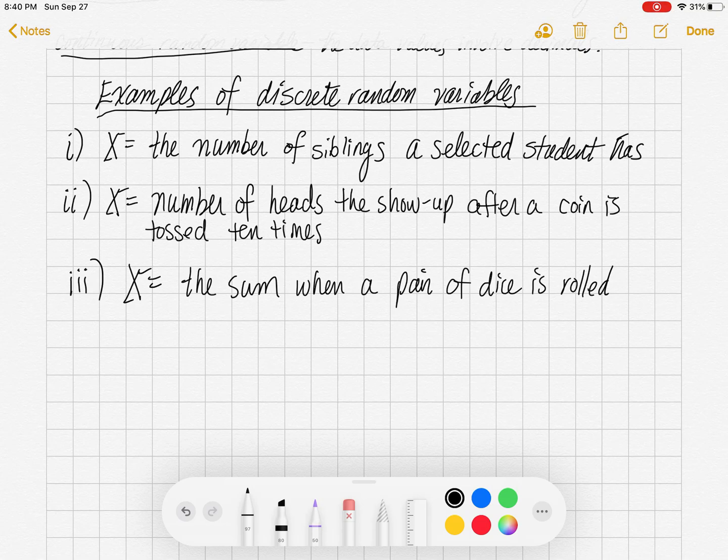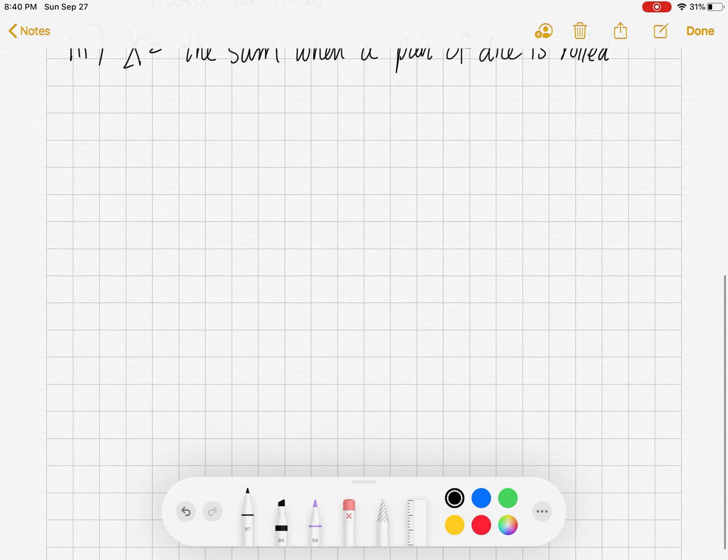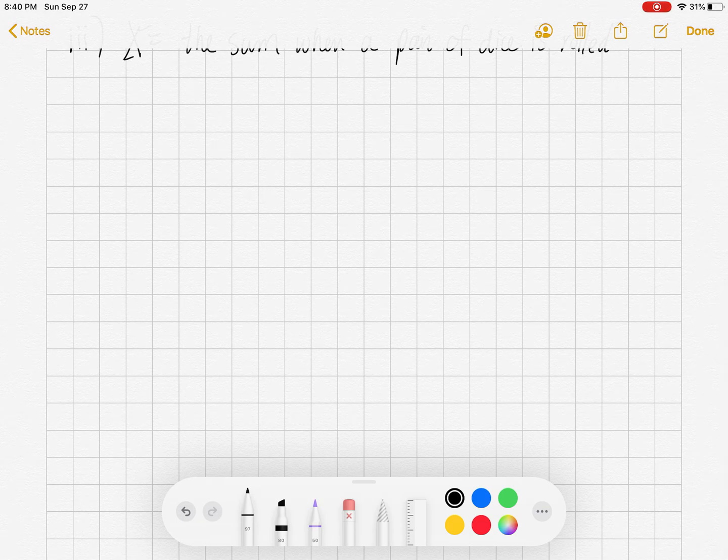The largest sum I could get is a 6 and a 6, which is 12. My sum is determined by chance, and we can only get whole numbers, 2 through 12: 2, 3, 4, 5, all the way up to 12. So these are counting numbers. Those are some examples to give you an idea about discrete random variables.